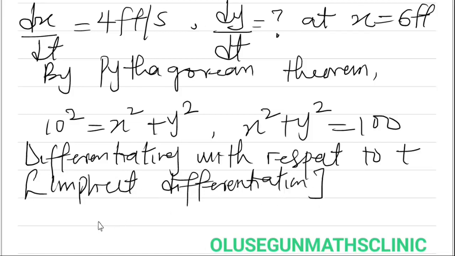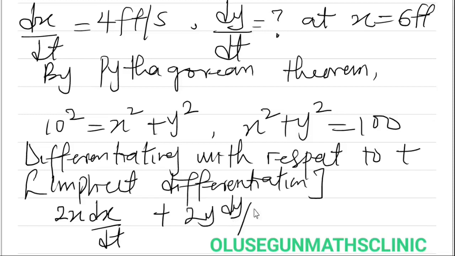In differentiating this, it will give us 2x dx/dt plus 2y dy/dt is equal to 0, because 100 is a constant.